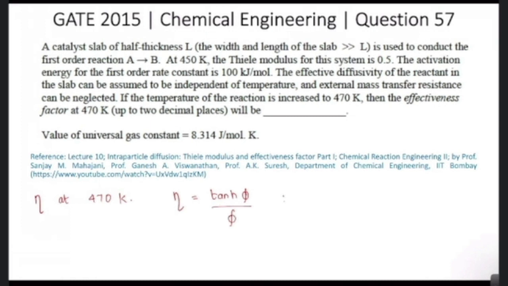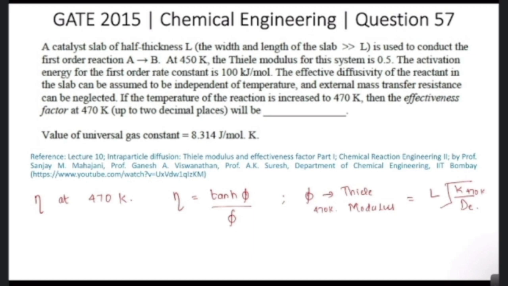And this phi is basically the Thiele modulus, which is equal to L into root of k by De. And since the effectiveness factor needs to be found at 470 Kelvin, you need to find the Thiele modulus at 470 Kelvin. Or in other words, this reaction rate constant k is also at 470 Kelvin.